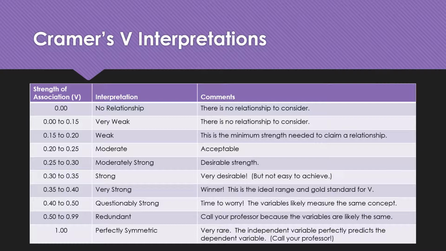Notice the strength of association with Cramer's V. 0.00 interprets as no relationship. 0.15 interprets as a very weak relationship, but there is no relationship to consider. At the bottom, where V is 1.00, the association is perfectly symmetric, and this situation is extremely rare.